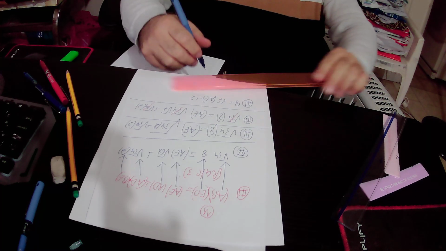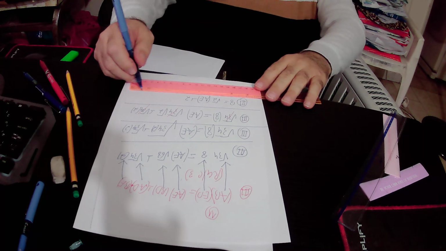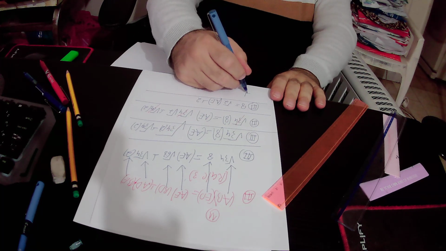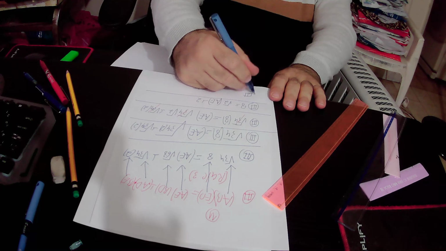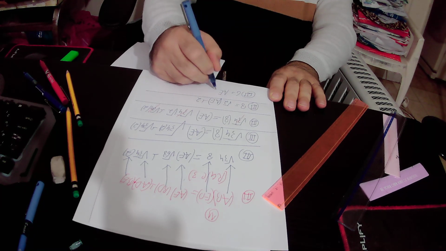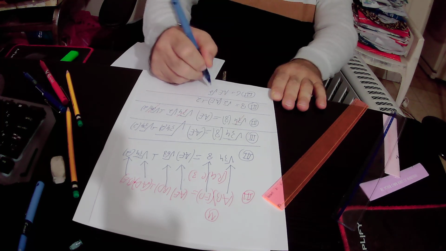So here we will subtract 2 from this equation, and we will get 8 minus 2 is 6. So 6 equals AE times square root of 2.